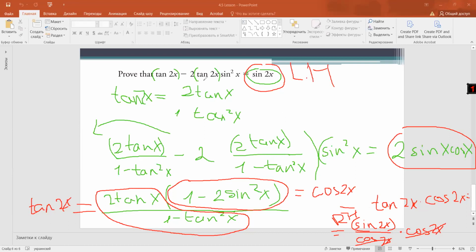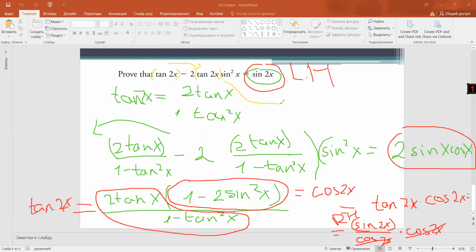Right now, I would like to tell you guys that you could have done it even easier before opening all of these brackets, but you would have to see it. How? If you look at the initial equation, if you look here, I'm going to use the yellow pen. If you look here, we could have factored out tangent of 2x right away.